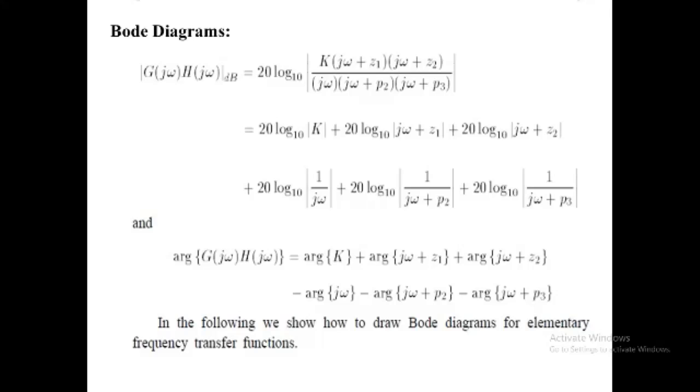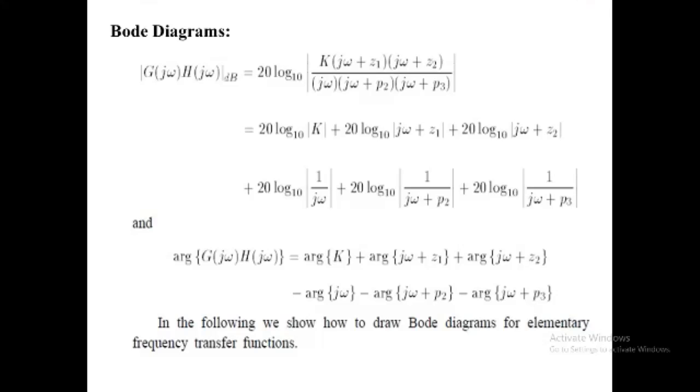For example, here G(jω)H(jω) in decibel is equal to 20 log of, in the numerator, K into (jω + z1) and (jω + z2), and in the denominator, jω into (jω + p2) and (jω + p3). All logs have base 10.